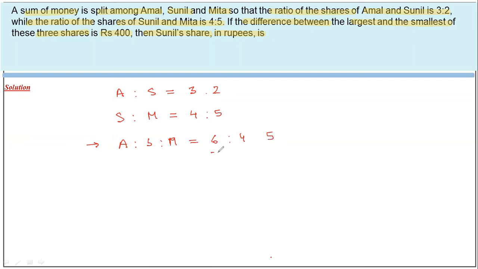Now this is the largest amount and this is the smallest amount. So the difference between 6 and 4 is 2, which is given as 400. So that means we have to find out Sunil's share, which is 4. So 4 would be equivalent to 800. So it is rupees 800.